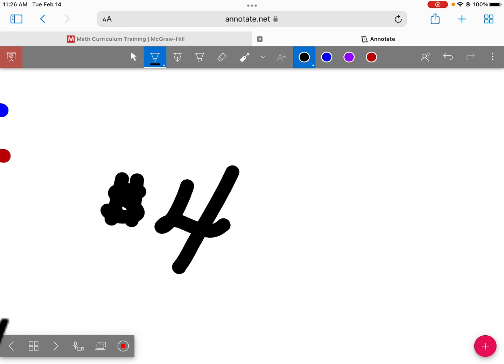Guys, I need the phones put away, and I need you practicing putting this in the calculator with me. Problems like this on the test are going to be worth like 2 points. One for showing me that you've set it up correctly, and one for putting it in the calculator correctly and getting the correct final answer. If you set it up correctly, you get one of those points. Awesome. But if you don't know how to put it in the calculator, you only end up with half the credit on a problem like this.